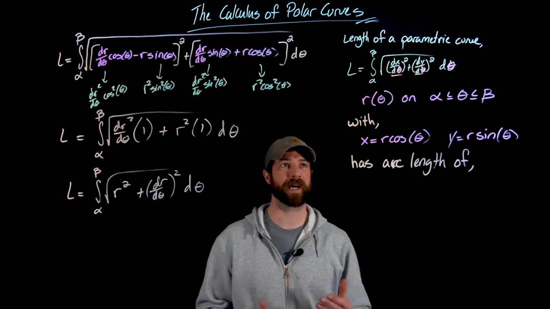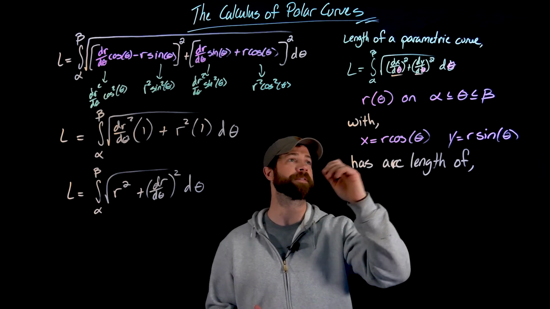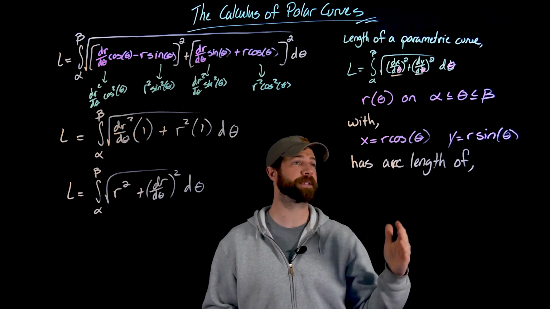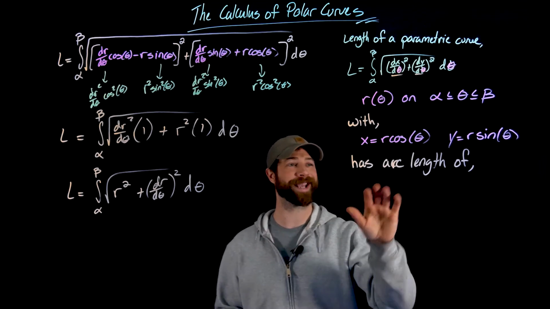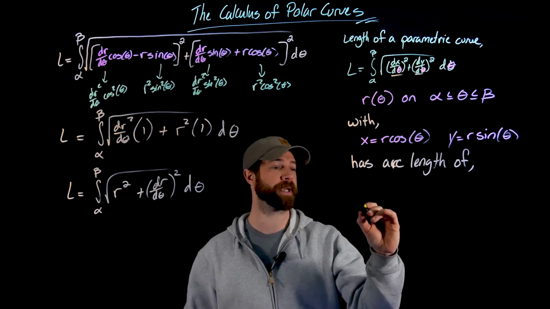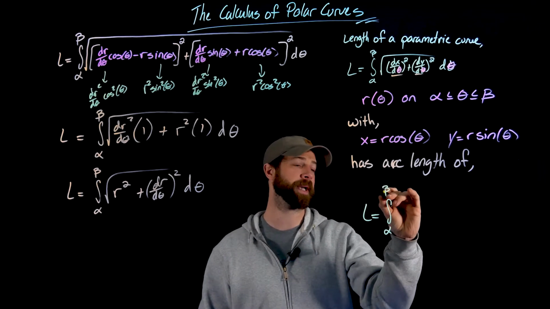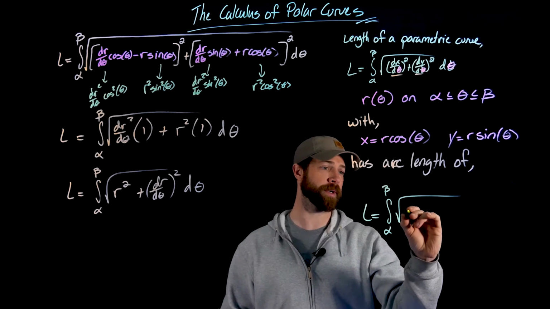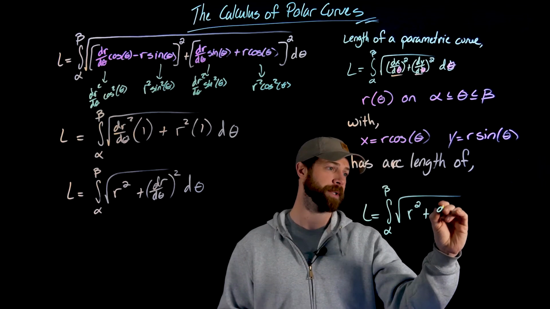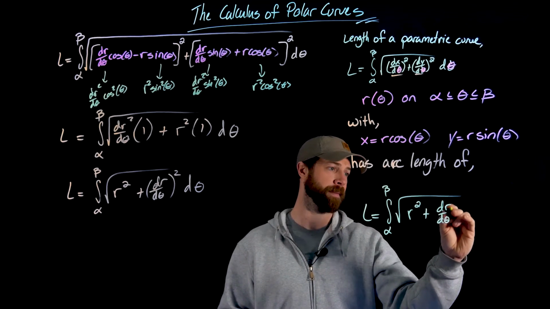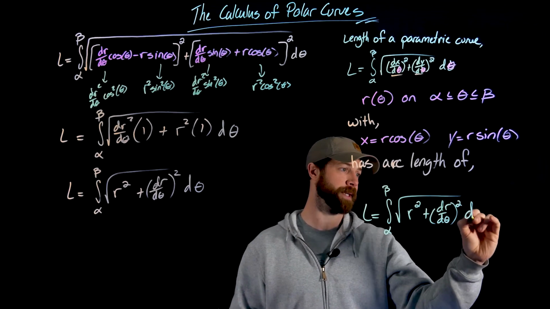All right, to wrap it up, if we have a polar function, r of theta, on the interval from alpha to beta, then we can calculate the arc length with this equation right here, where the length equals the integral from alpha to beta of the square root of r squared plus dr d theta squared d theta.